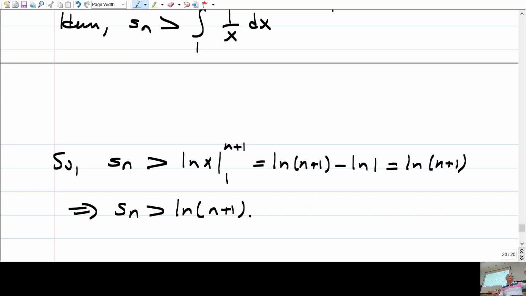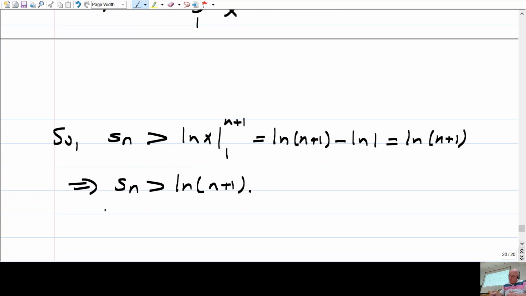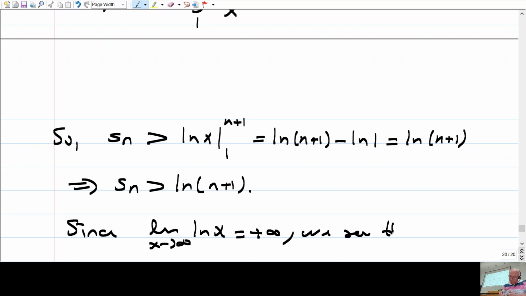But the logarithm of n plus 1 is not bounded, right? As n goes to infinity, the logarithm goes to infinity. It grows very slowly, but it goes to infinity. Since the limit as x goes to infinity of ln x is infinite, we see that this limit is infinite.